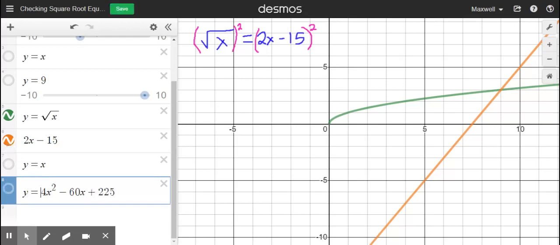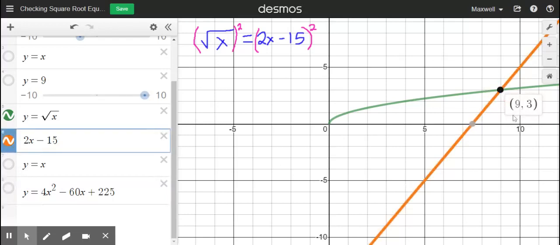And if we want to see where our original equations intersect, they only intersect at x equals 9. So x equals 9 would be the solution to this problem. We can check that answer by doing 2 times 9 is 18, minus 15 equals 3. The square root of 9 also equals 3, so x equals 9 works.